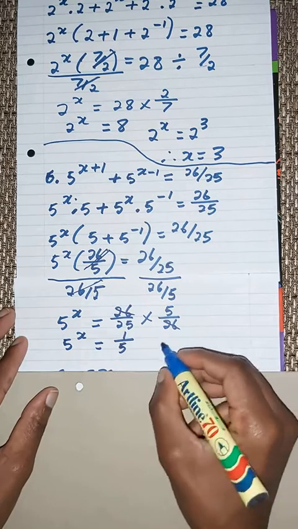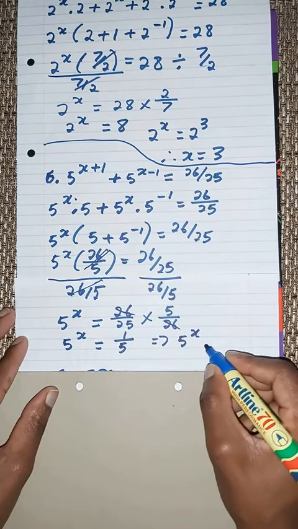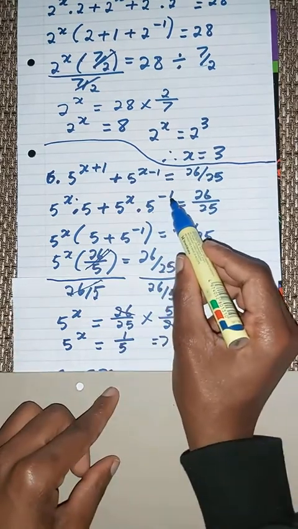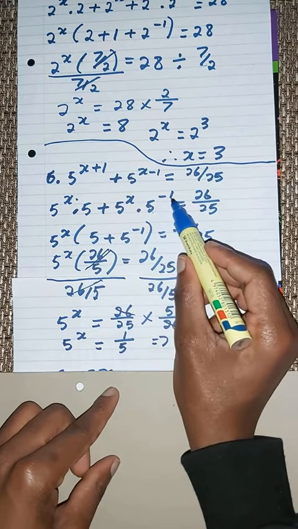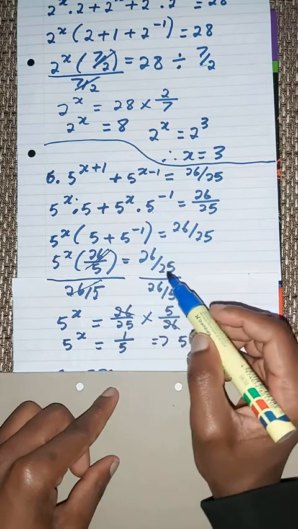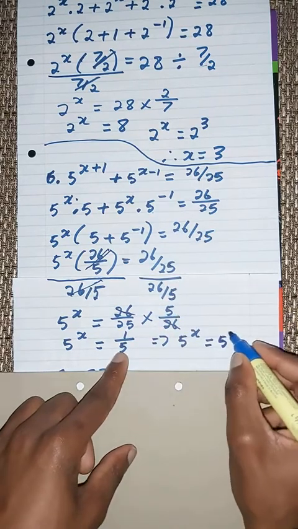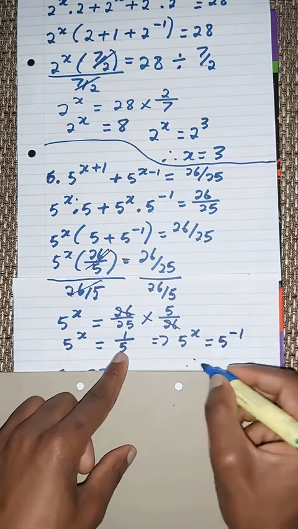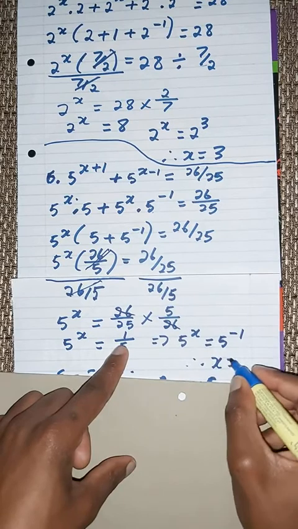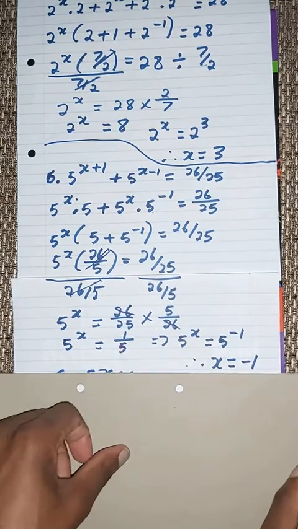So what I will have is 5 to the power of x is equal to, we know that when we have 5 to the power of negative 1, we end up with 1 over 5. So if we have 1 over 5, it means the 1 over 5 will change to 5 to the power of negative 1. Therefore, x will be equal to negative 1. And that's how you solve this problem.